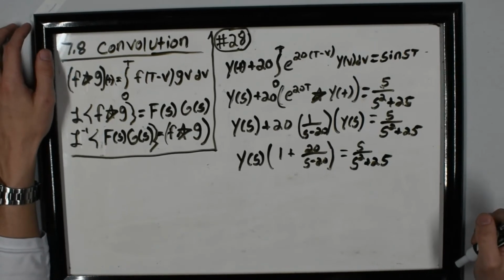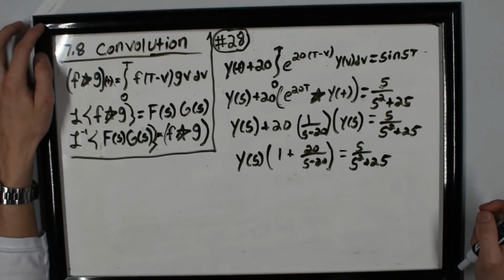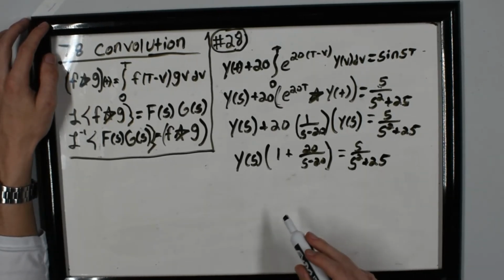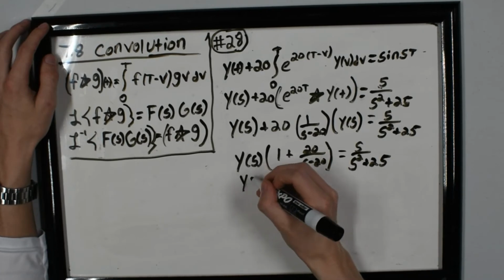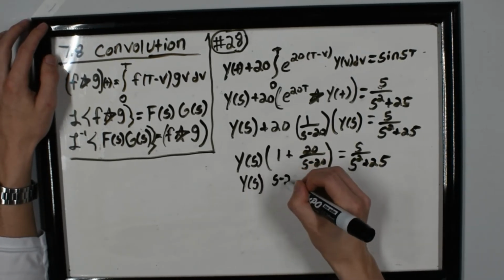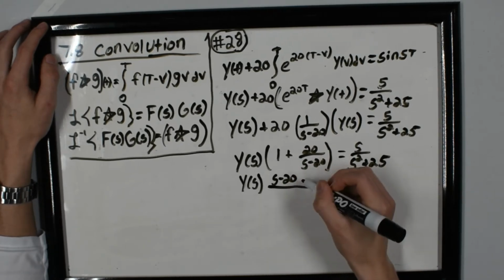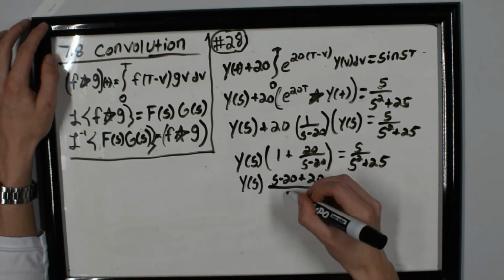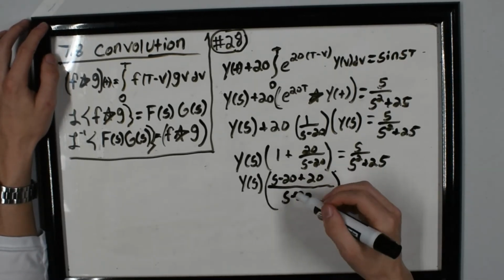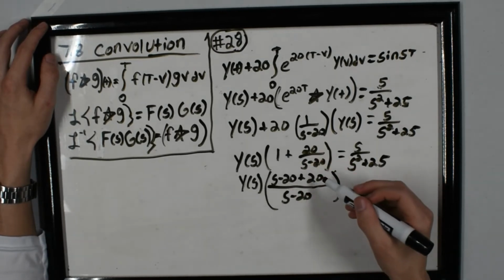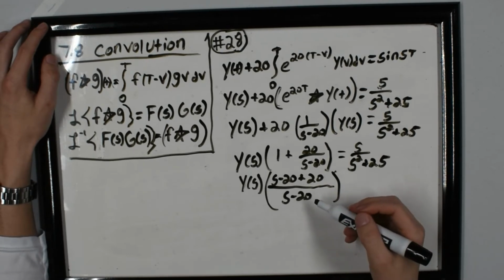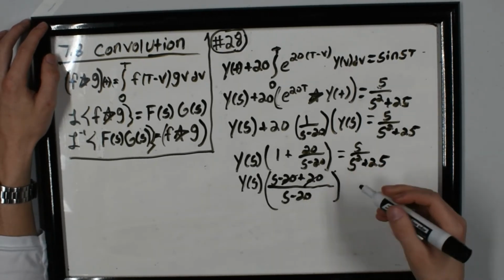Okay, so now what do you think we should do? I think the best thing to do would be find a common denominator on this side, because it'll make simplification easier later. Where we have s minus 20 over s minus 20 plus 20 over s minus 20. Of course, these would cancel, giving you the 1, and that would give you s, just common denominator.